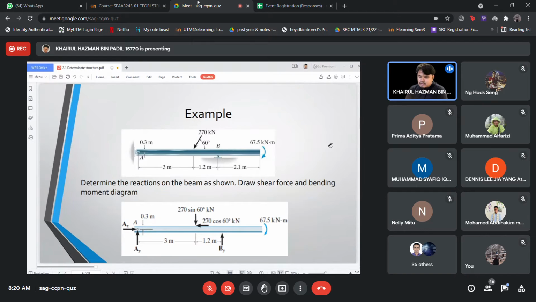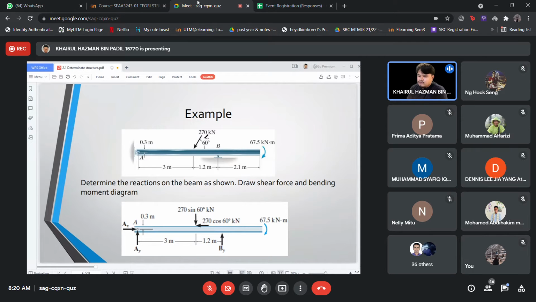Determine the reactions on the beam as shown and draw the shear force and bending moment diagram. As you can see here, this is a pin support, and then we have a roller here, and the number of equilibrium equations will be equal to the number of reactions. So the structure is stable. There's no problem with that.